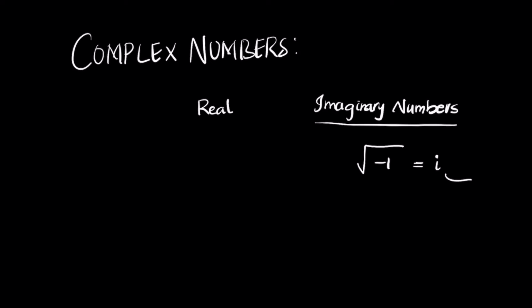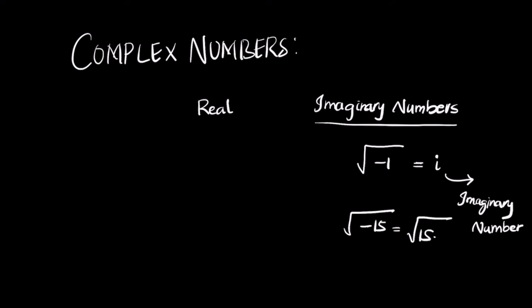So the i represents the imaginary number. The third idea was that you could write the square root of any negative number in terms of i. For example, root minus 15 can be written as root 15 times minus 1. You can split it as root 15 times root minus 1, so this can be written as i root 15. This was the idea behind imaginary numbers.